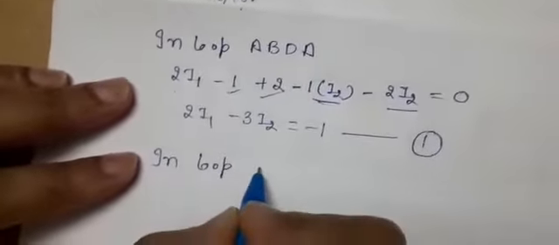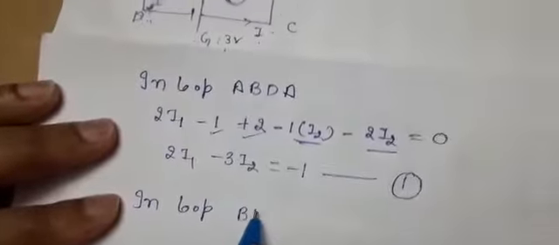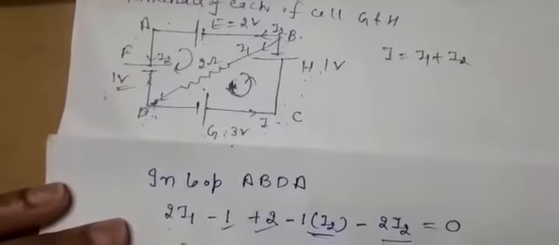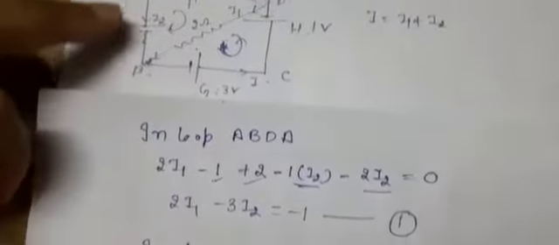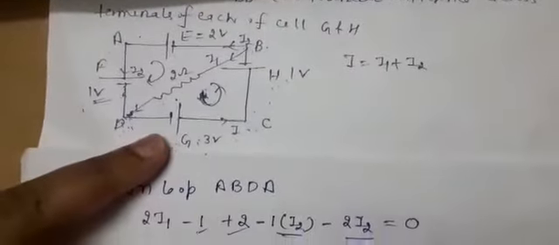Now take the second loop. In this loop we are taking B, D, C, B. Further, when we are taking BD, this is 2I1 minus 3.